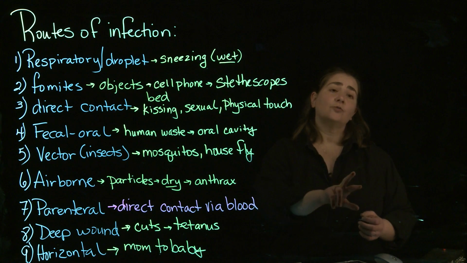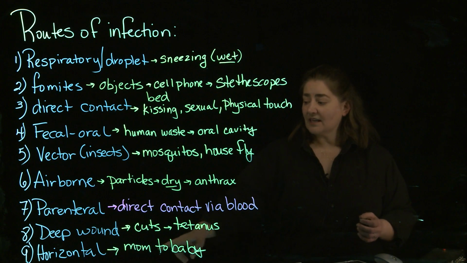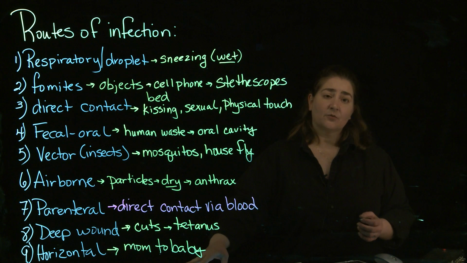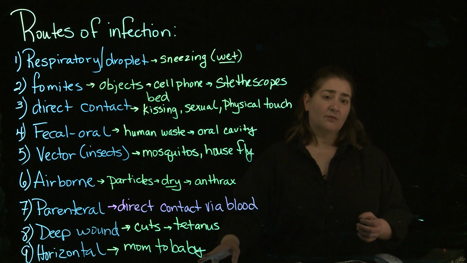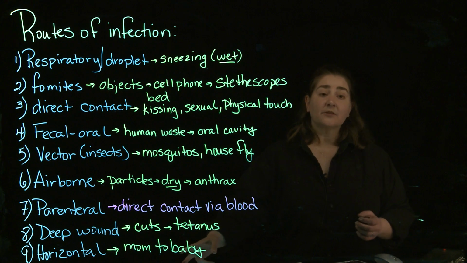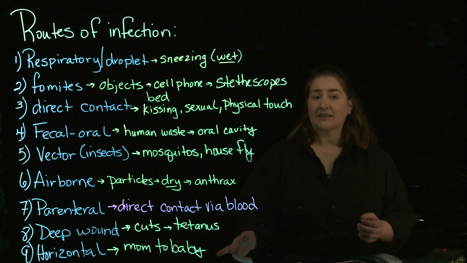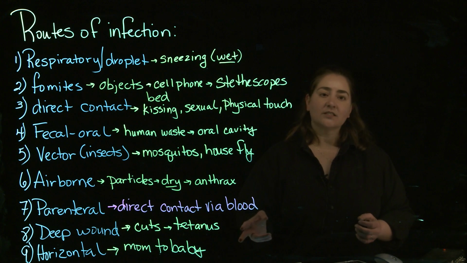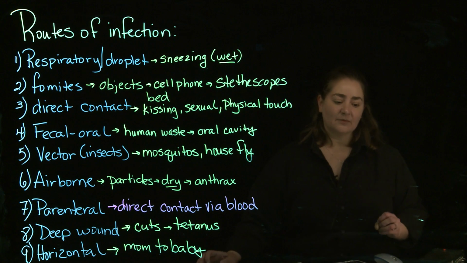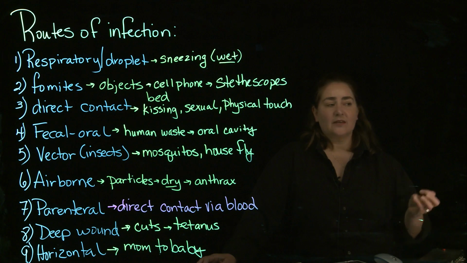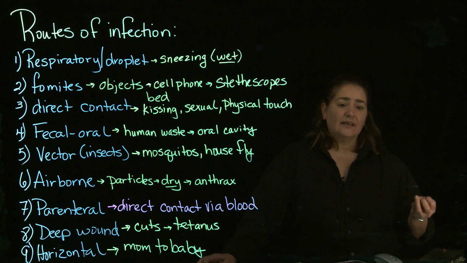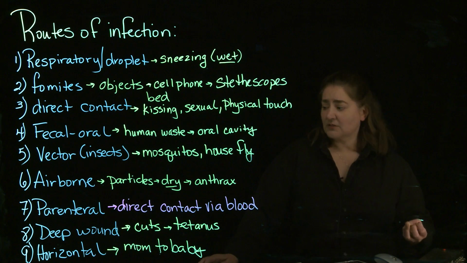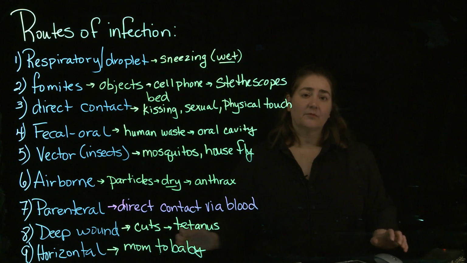You have to look at who's infected. In this case, if the infant comes out of the womb infected, it went mom to baby. Syphilis is another example of something that can cross the placenta. The bacteria that causes syphilis crosses the placenta, can impact the growth of the baby as far as that goes. So horizontal transmission, mom to baby.